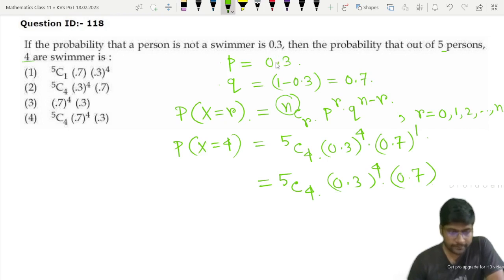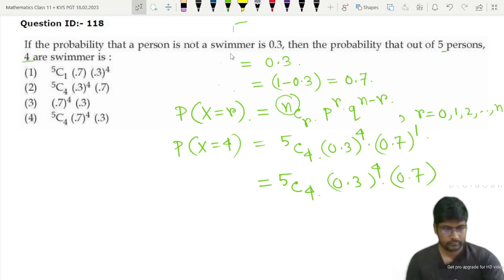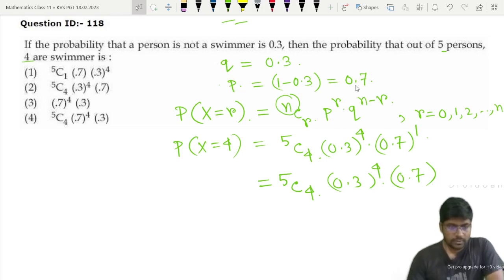That is equal to 0.7. So the values of P and Q should be interchanged. This will be Q and this will be our P.